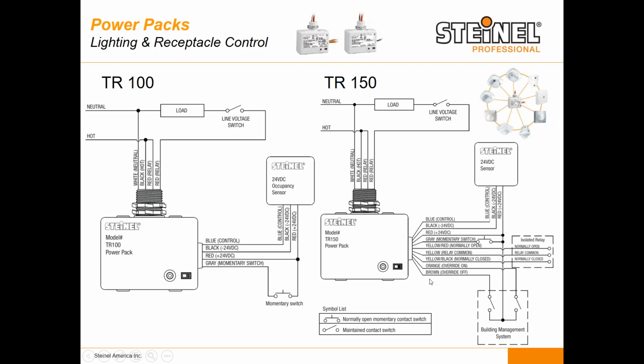The other important thing to note about the TR150 is that it has the capability to have an extra switch connected to it to override the light on, for example, in a space, non-dependent upon occupancy. And I'll show you in a moment the reason for this. Or it could be that you do want to go back to a building automation system or something like this and be able to control the power pack directly.